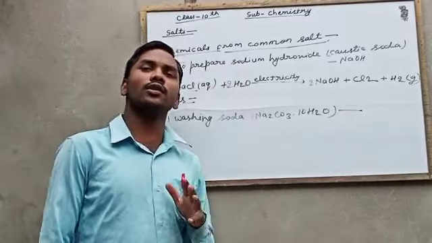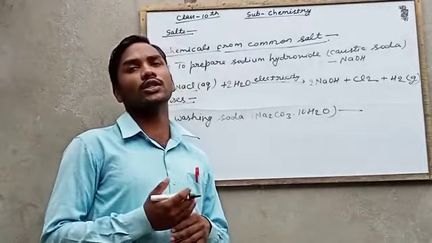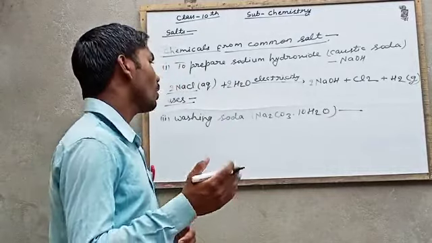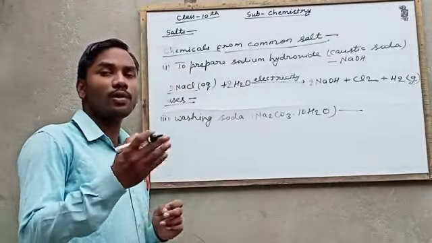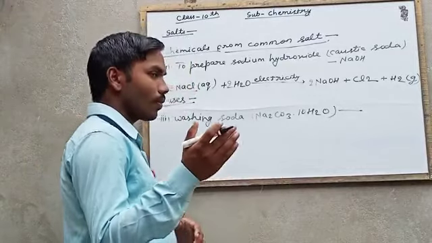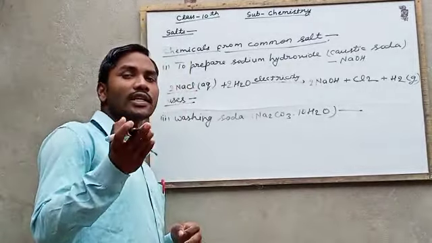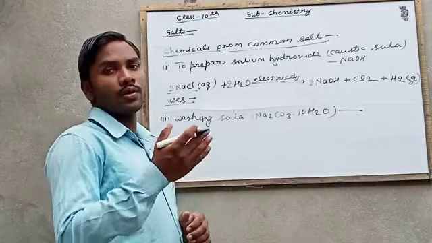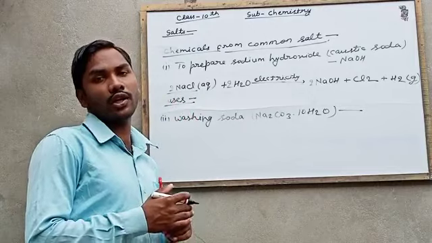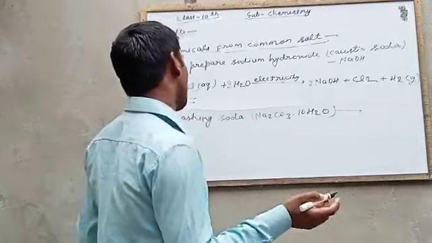Washing soda can be formed by using sodium chloride or common salt. It can also be formed by heating baking soda. After recrystallization of soda ash or sodium carbonate Na2CO3, we get washing soda.